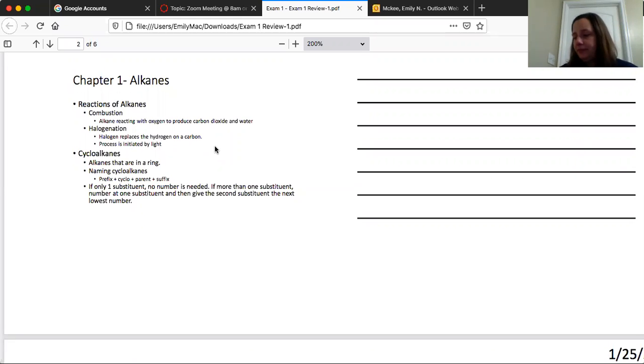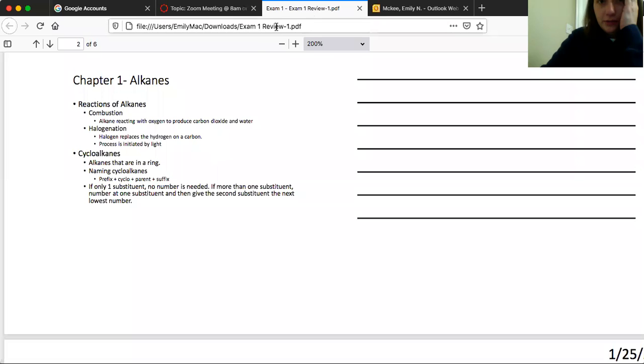Sure. So let's just do, and any hydrocarbon would work, I'll just do ethane reacting with oxygen. Okay, so, sorry, ethane reacting with oxygen here. Can you see that?